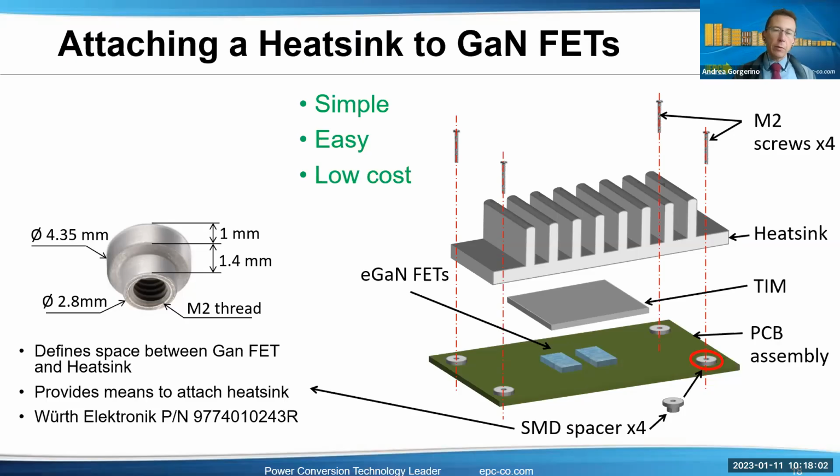They set, in this case, typically we use 1 millimeter height from the board, and you can mount a heatsink to these standoffs directly with some screws. We use a TIM, of course, between the heatsink and the components, which gets compressed during assembly. There are some very good TIMs available right now, up to 17 watts per meter Kelvin. These really lead to some very efficient cooling of the devices. And again, the devices are very small, so the TIM amount required is very, very small.